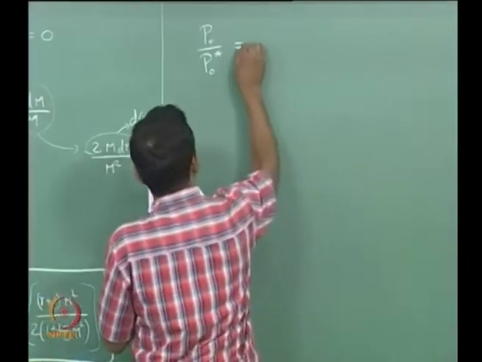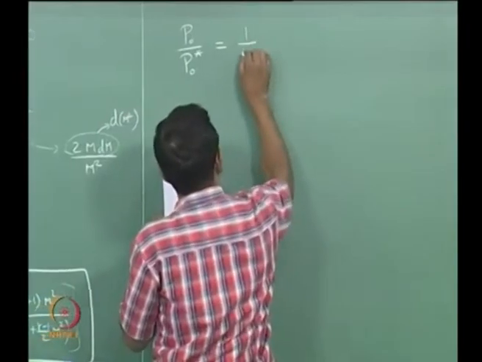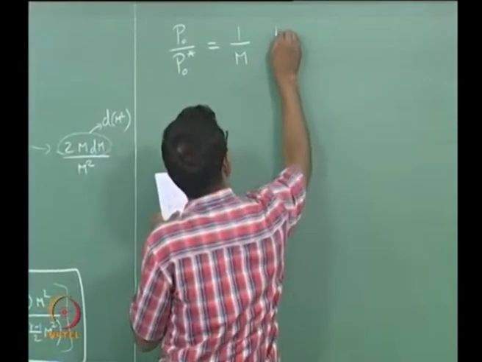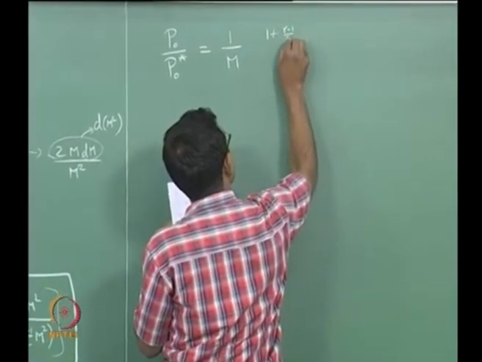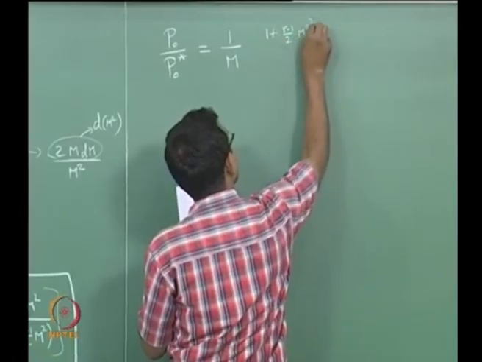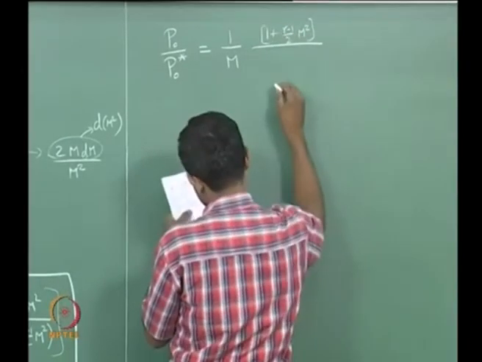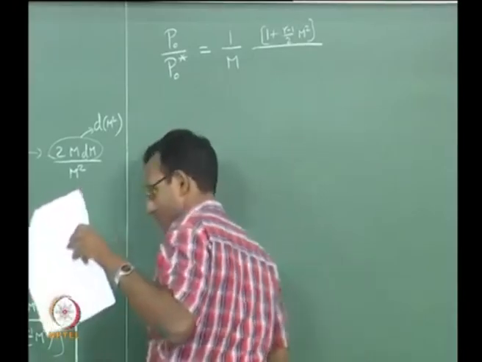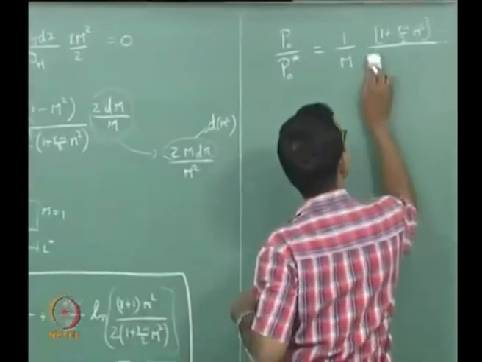So that is this, and during this time it goes from x equal to 0 to x equal to L star, right? And I am expressing that in terms of M. Oh, the square bracket should be for the whole thing.